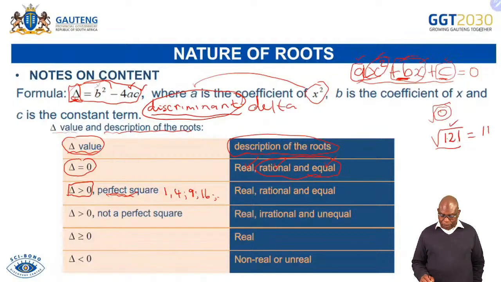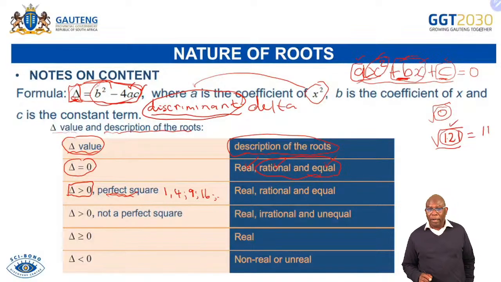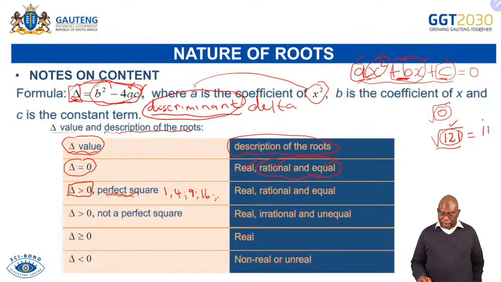So if the number inside the square root, when I substitute there, is 121, I know that it is a perfect square. I don't have to put it inside the square root. Just check if that number is a perfect square, and we must be able to get that answer.